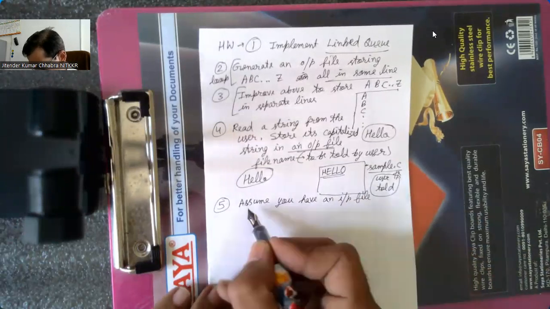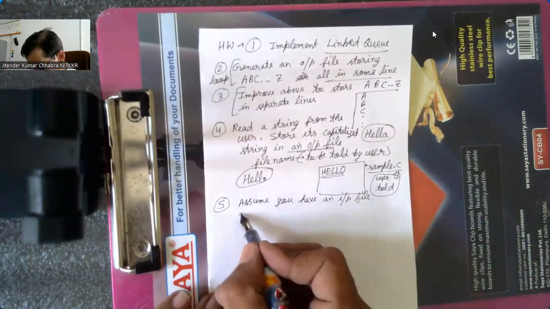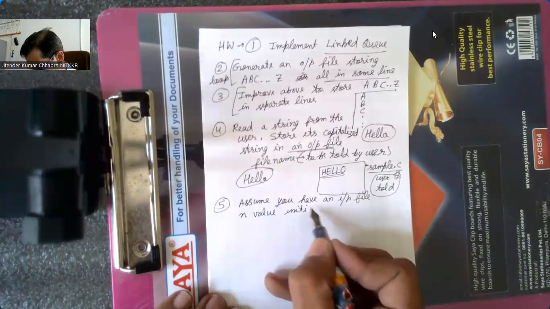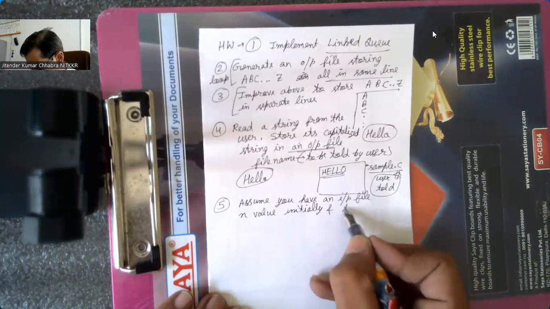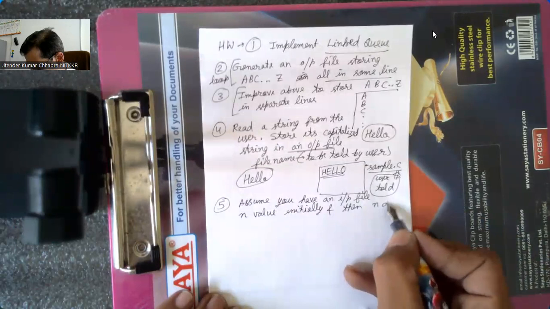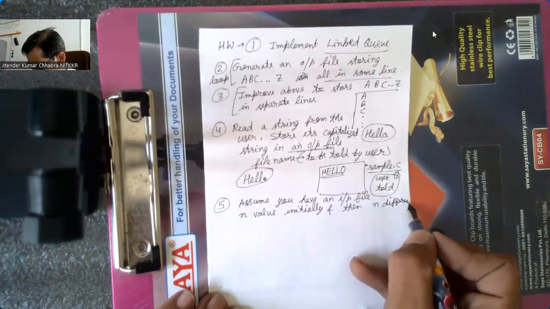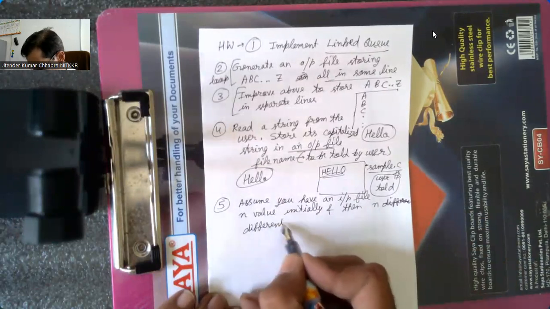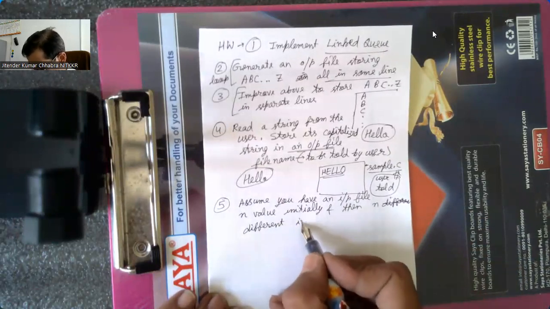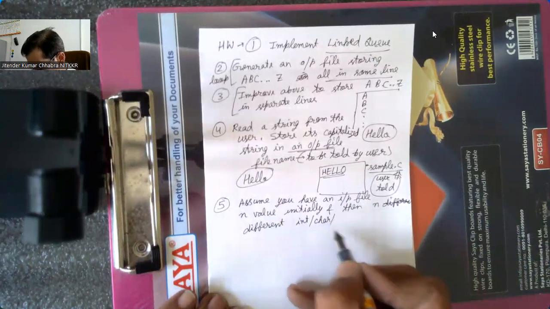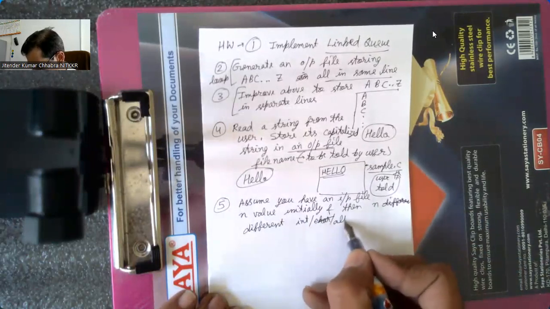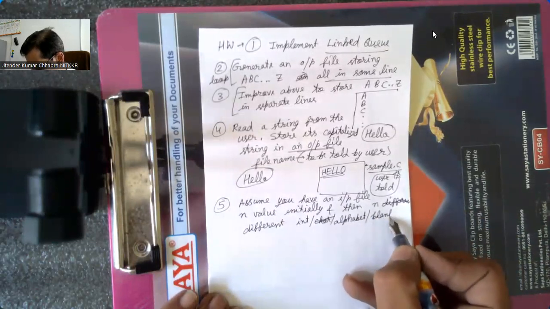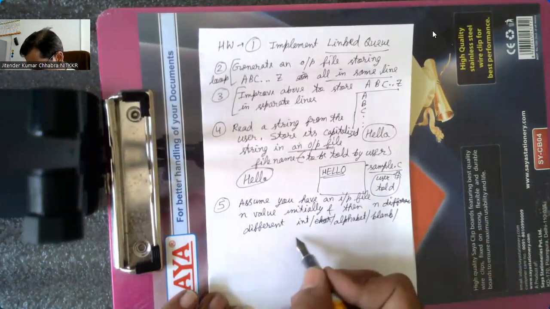It has initially some n value, and then n different characters: int or alphabets, blank, or special symbols.